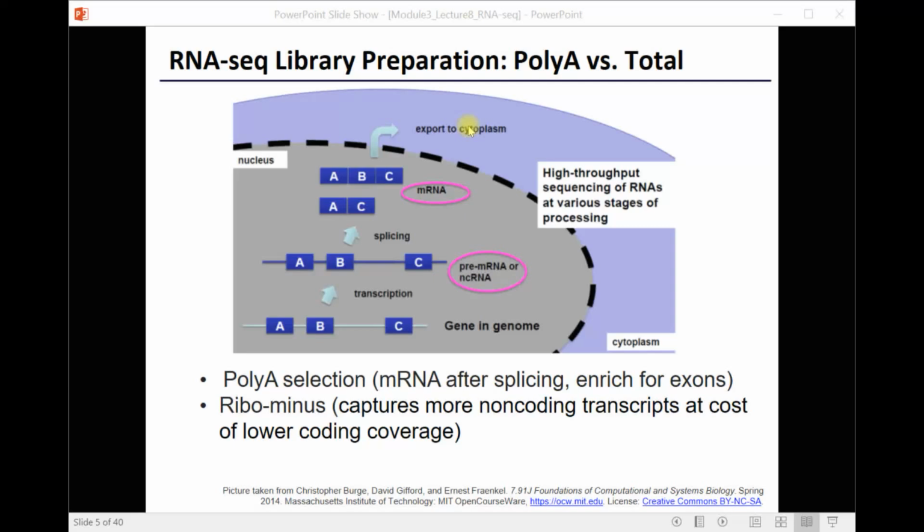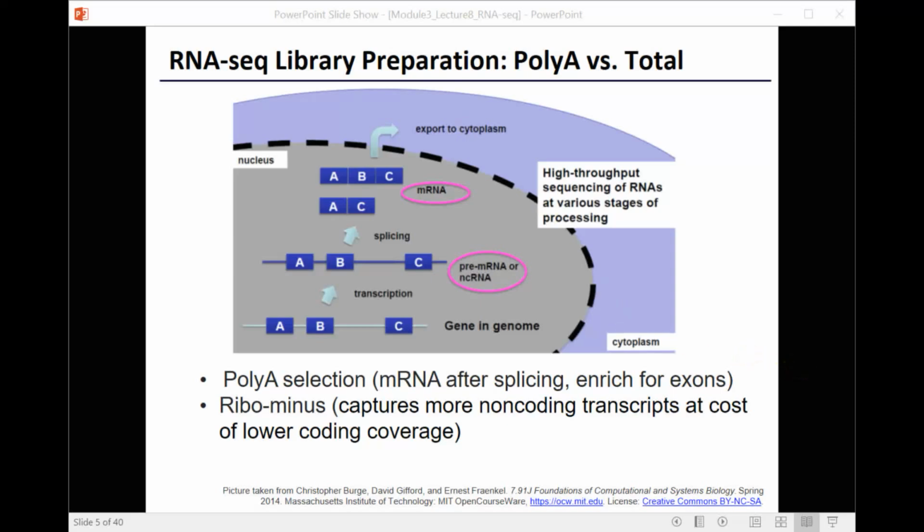Of course, some non-coding genes also contain a 3' poly-A tail, which will also be selected. Most RNA-seq experiments are done this way, only using the oligo-T to select the poly-A, the matured transcripts.